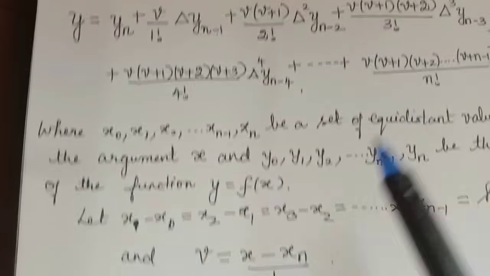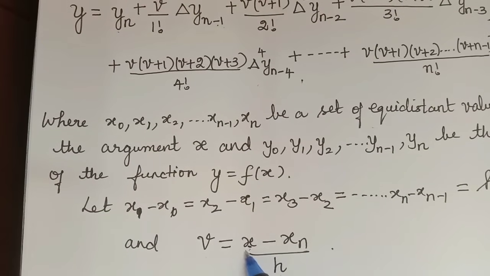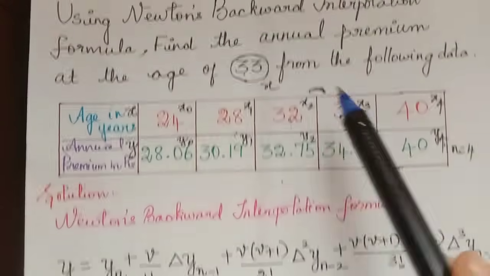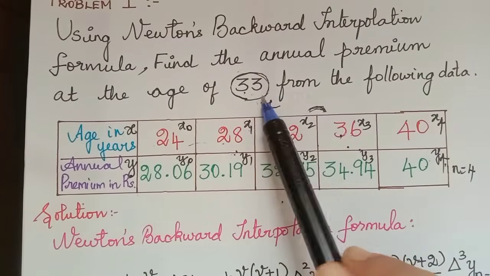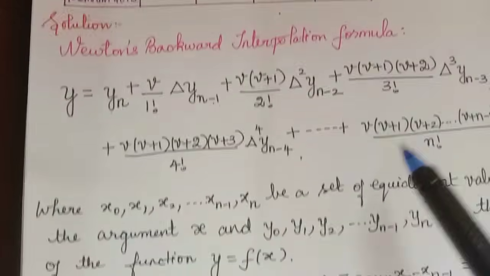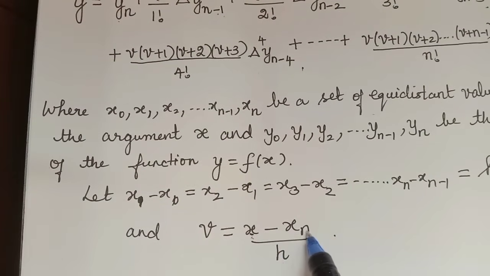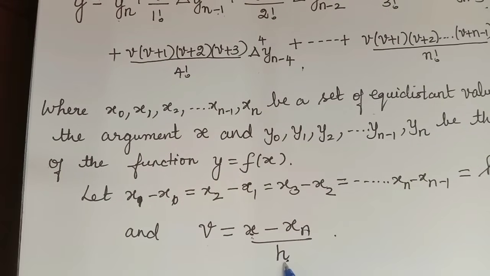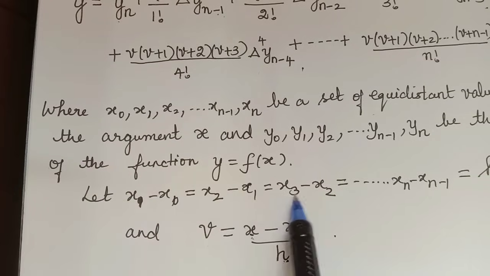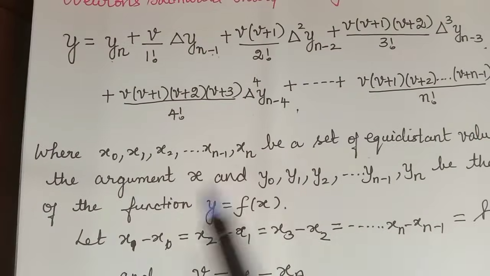So what is the value of x? The value to be interpolated is x, which is 33. So 33 minus 40 divided by h. H is the equal interval that we obtained, that is the difference.